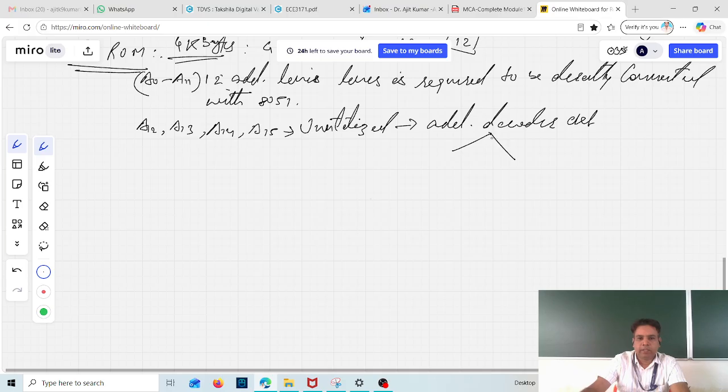Again, this address decoder circuit could be implemented using any gate.